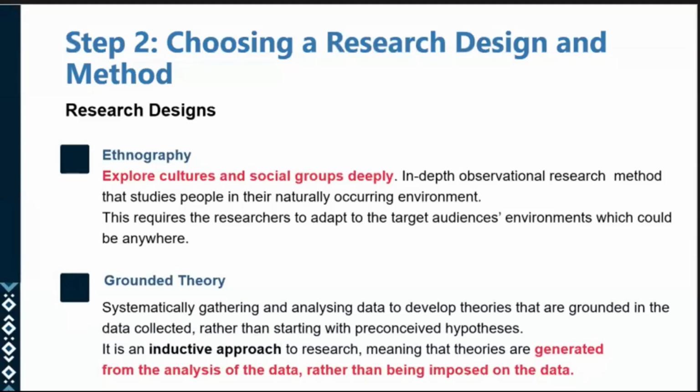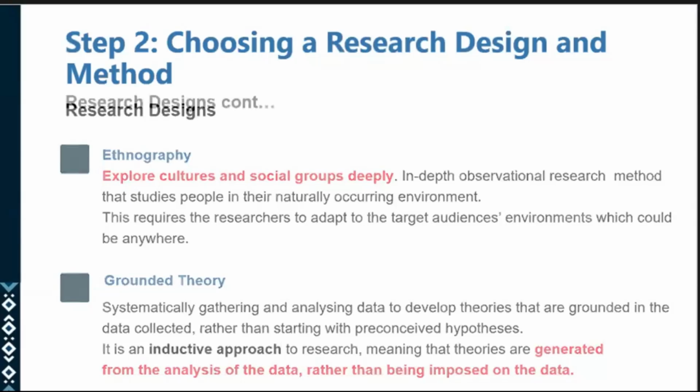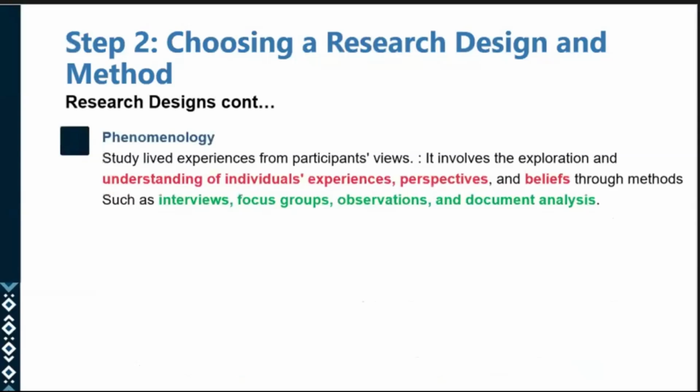Most of the time it's done when we have no information about a certain research question. So we have to start asking questions before the answers reorient us. This method is good to use when you don't have enough information about a particular research topic. The next design is phenomenology.